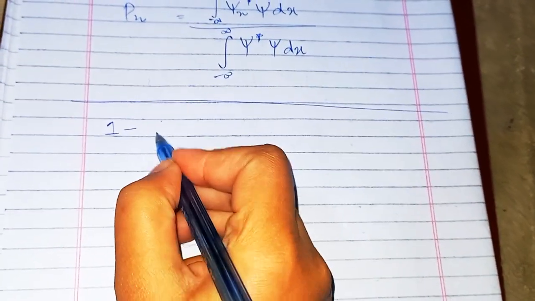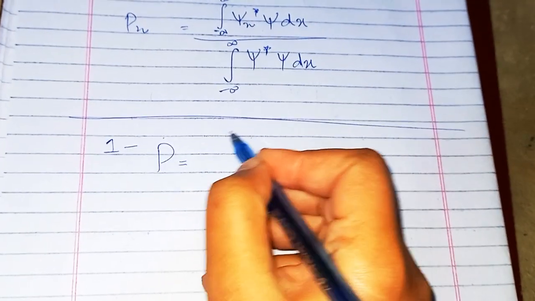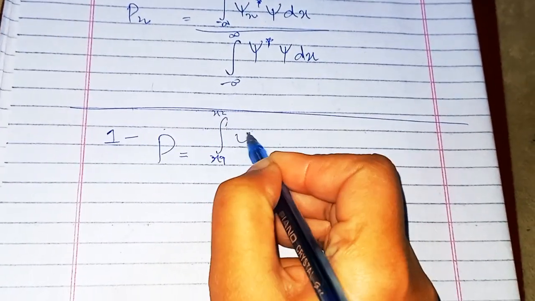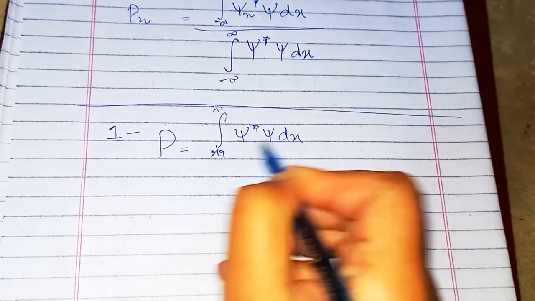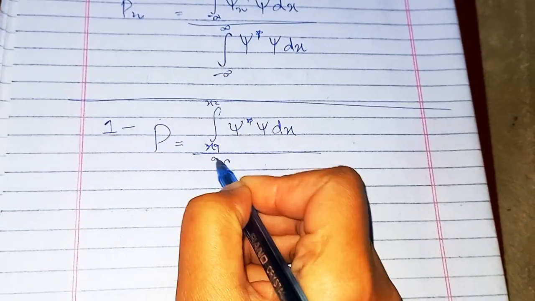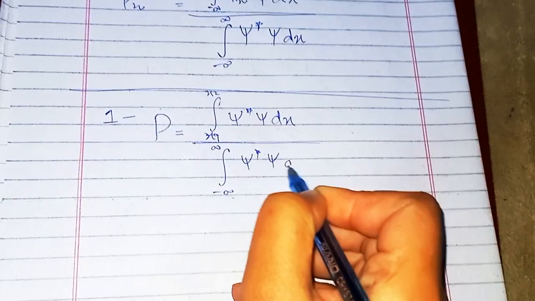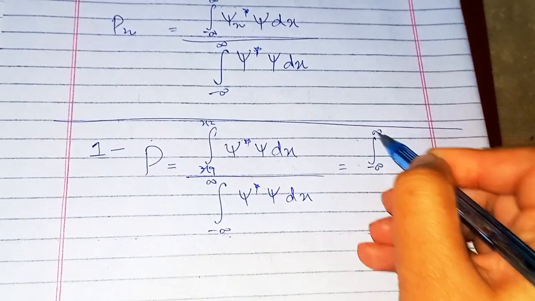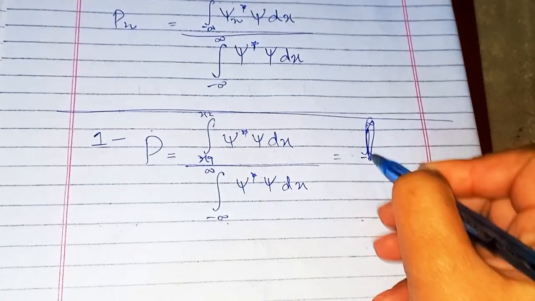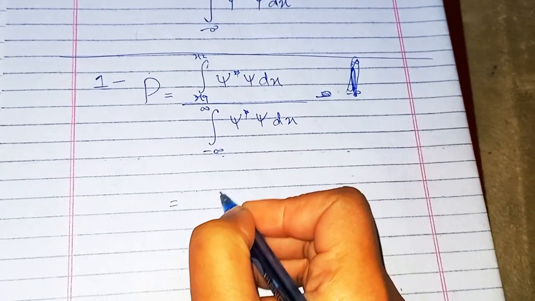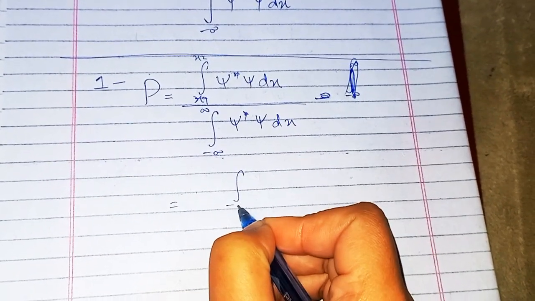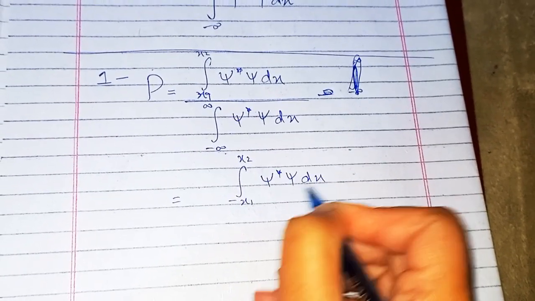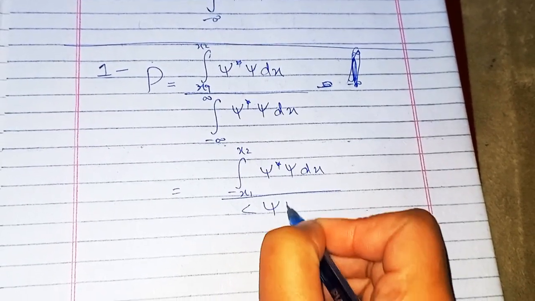The first formula is, we saw that probability equals the integral from x1 to x2 of psi star psi dx divided by the integral from minus infinity to plus infinity of psi star psi dx. That is one of the formulas, and you can write the denominator in Dirac notation, whereas the numerator couldn't be written in that way.